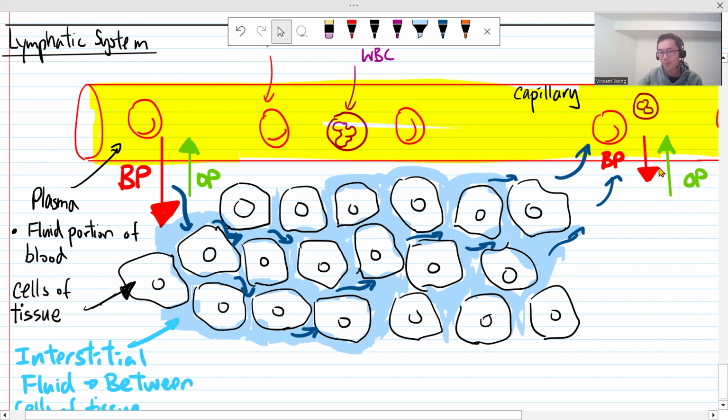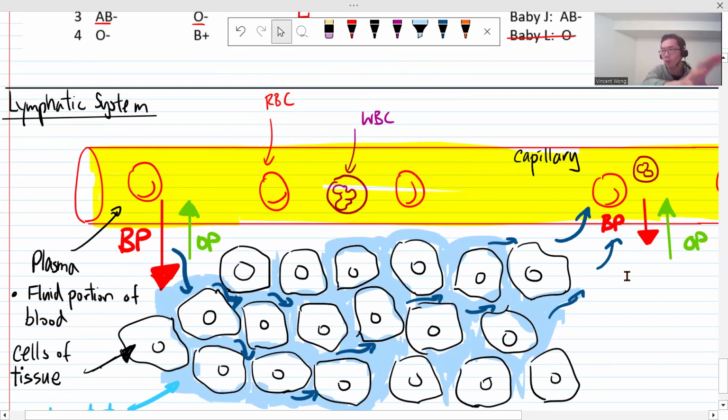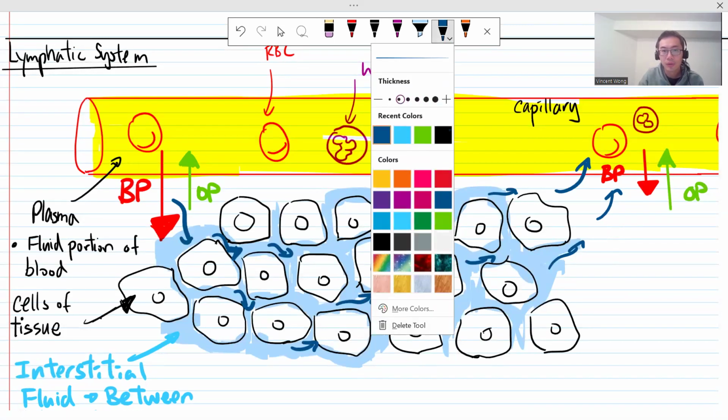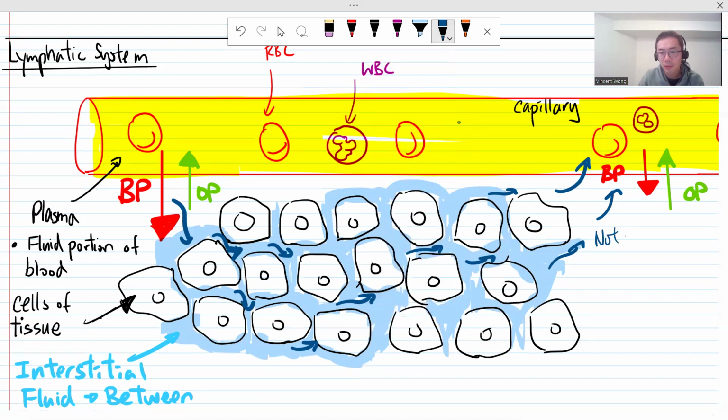On one side it was 10 mmHg, but on the venous side it's only 5 mmHg. So we're not able to return all the fluid.